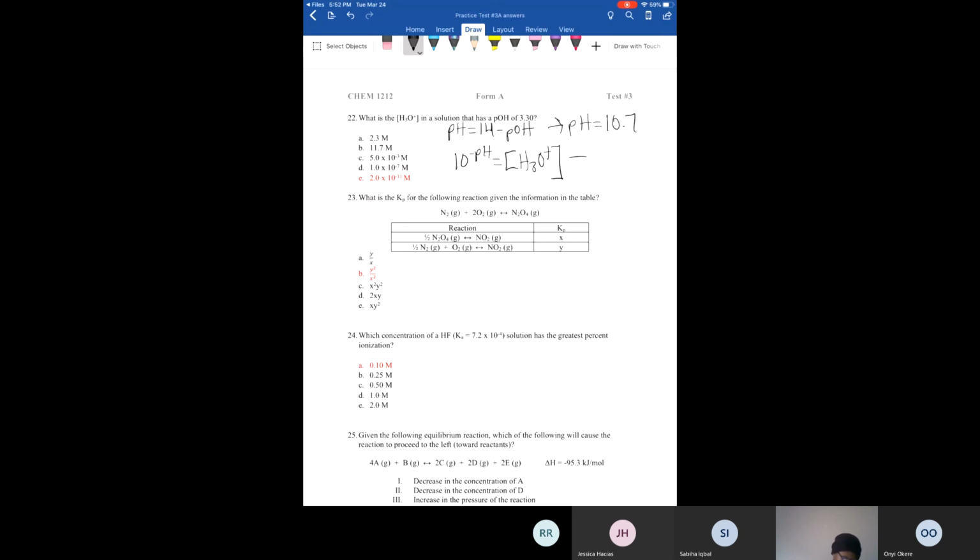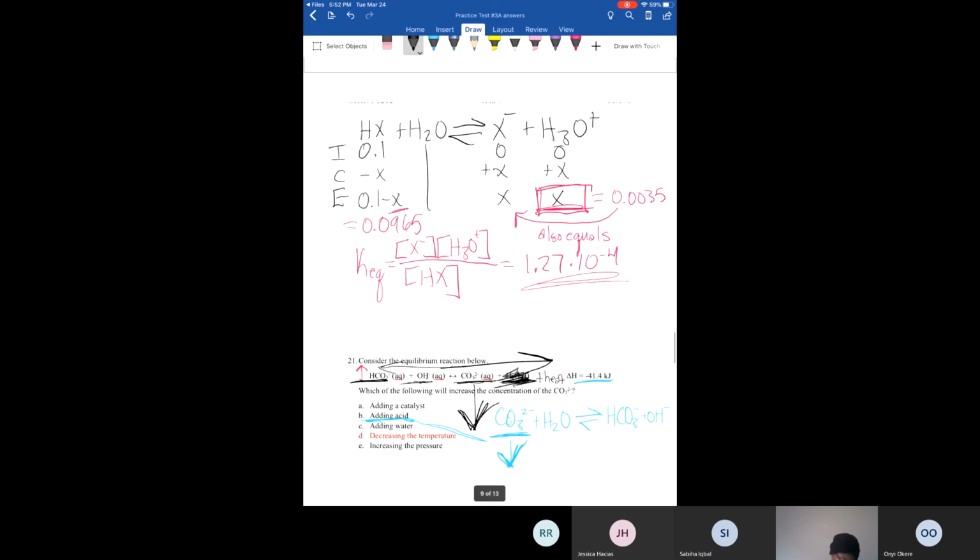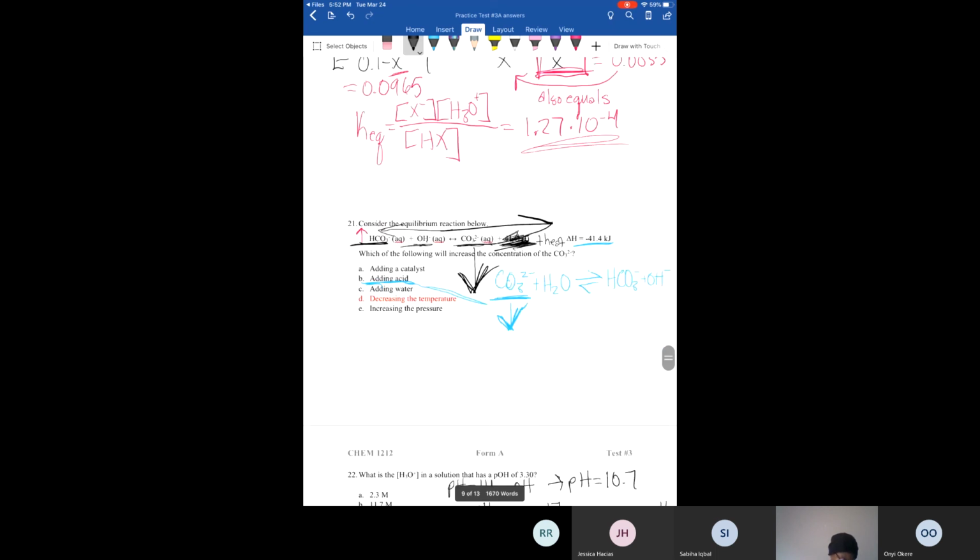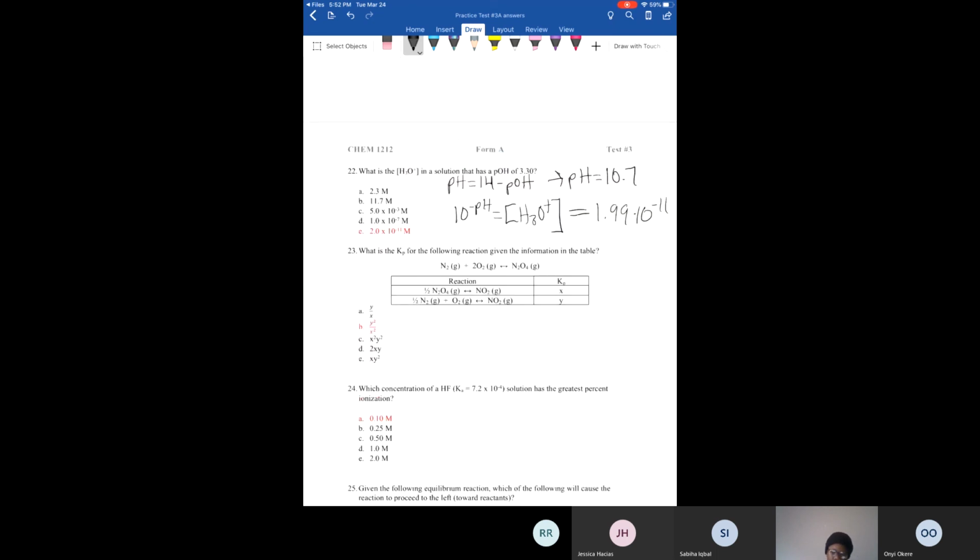Then your H3O plus concentration is going to equal, and that was just quick math I did. If you want to do it out, you can. It's going to be 1.99 times 10 to the negative 11, which is pretty much 2 times 10 to the negative 11.